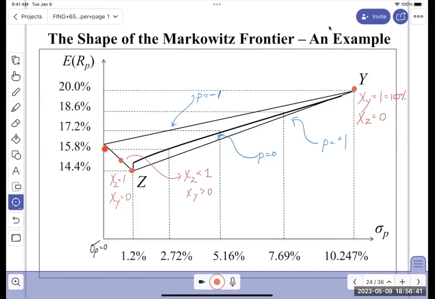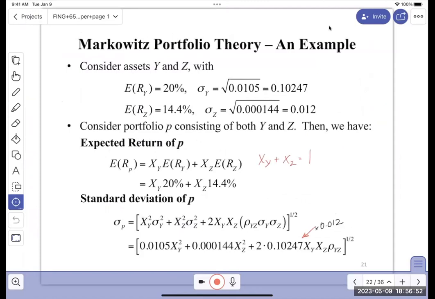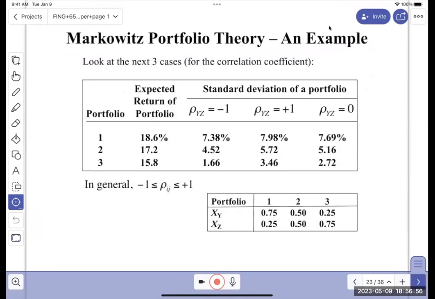You've completely eliminated risk if you can find this combination here. So how could you find it with the information I've given you here? How could you find those weights?